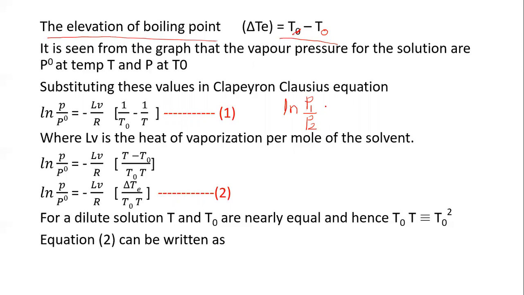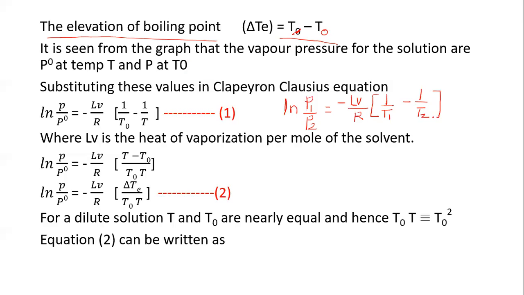So ln P1 upon P2 is equal to minus LV upon R, where LV is the latent heat of vaporization per mole of the solvent, in bracket 1 upon T1 minus 1 upon T2. So this equation is called the integrated form of Clapeyron-Clausius equation.